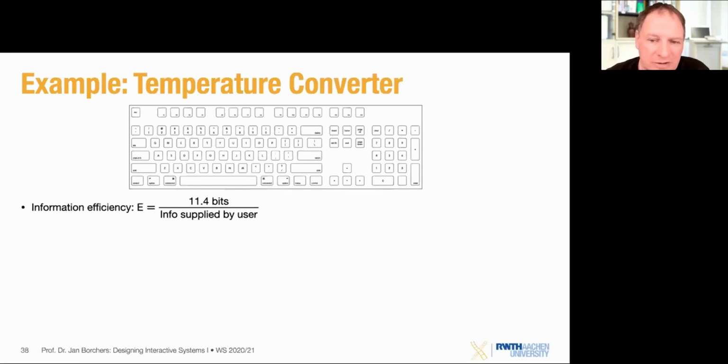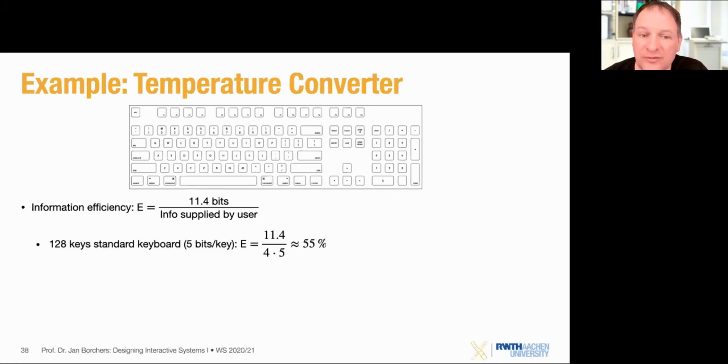Our requirement said that the average length of input that we specify the temperature with was 4 keystrokes. So if we have 128 keys on a standard keyboard with 5 bits per key, because people don't use all these keys equally, then we have 11.4 bits, the minimum information we need to provide, divided by 5 bits times 4, because we're pressing a key 4 times to enter our message.